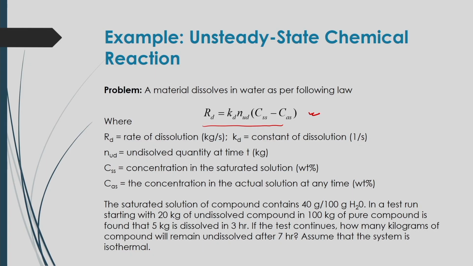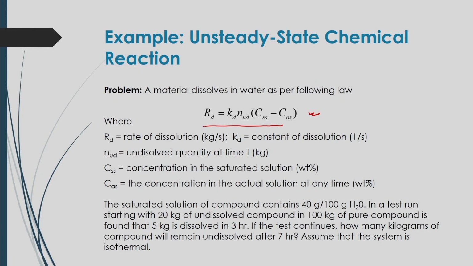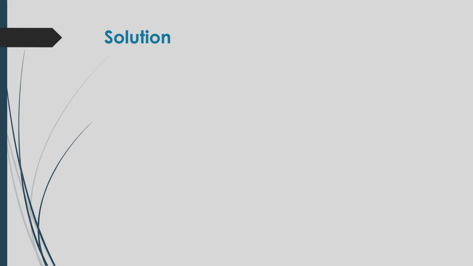If the test continues, how many kilograms of compound will remain undissolved after 7 hours? Assume that the system is isothermal. In this case, there will be no heat input or output, it will be at a constant temperature. So, you have to calculate the kilograms of compound that will remain undissolved after 7 hours.